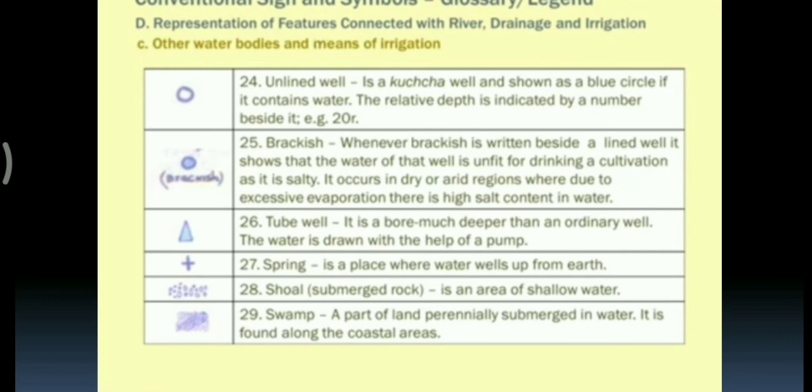Brackish means salty water. So if you see brackish water in a topographical sheet, that means you have to mark it as a salty water body here. A triangular blue shade, springs with a plus blue shade, shoal for submerged rocks structure, and swamp for a part of land perennially submerged in water.